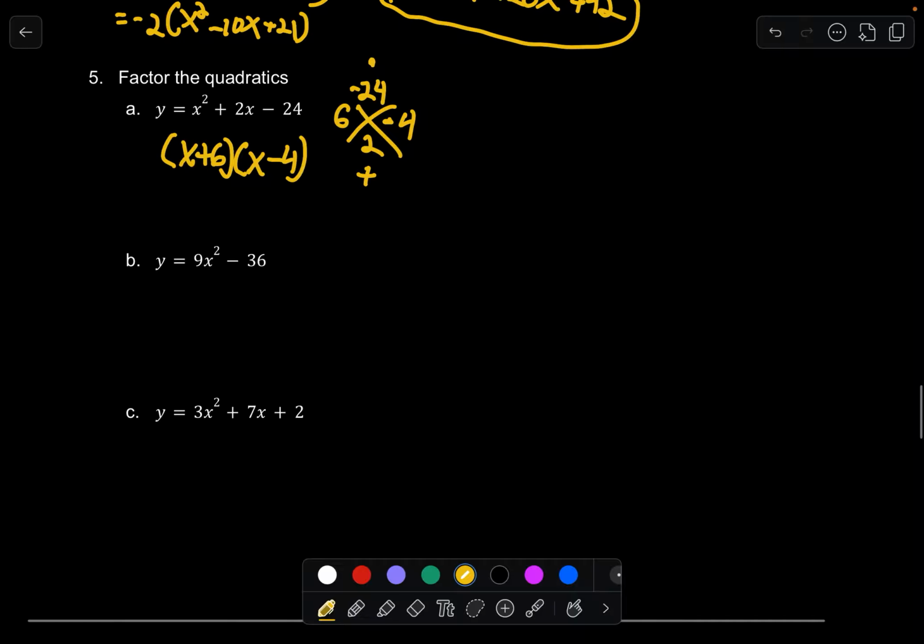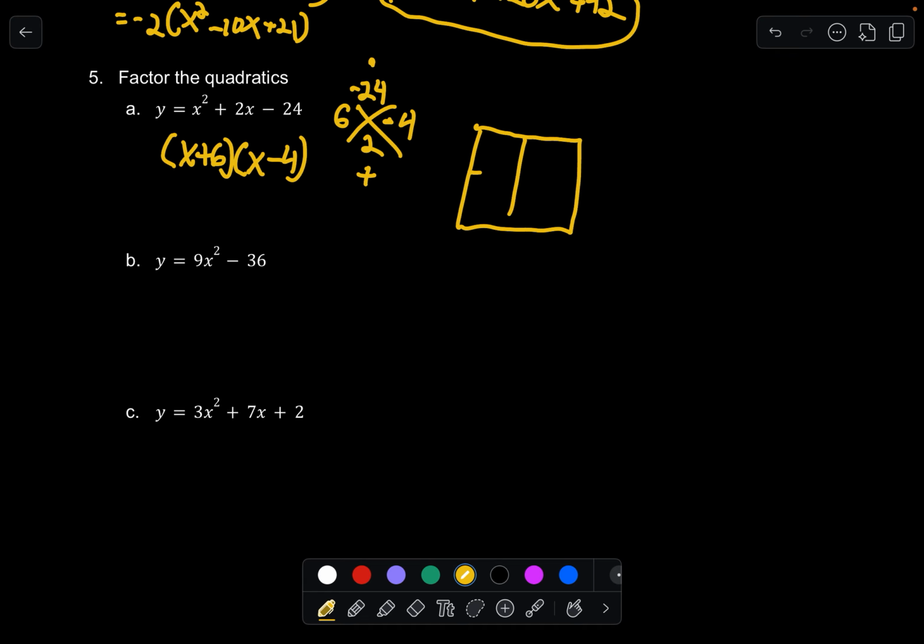Notice I didn't bother making the box. You could, but when A is 1, there's really no need to, because if you do this, where you put these two here, and then you put 6x and negative 4x, and you start GCFing, right? You look to see what's common here, which is x. You look to see what's common here, and you see it's 6.